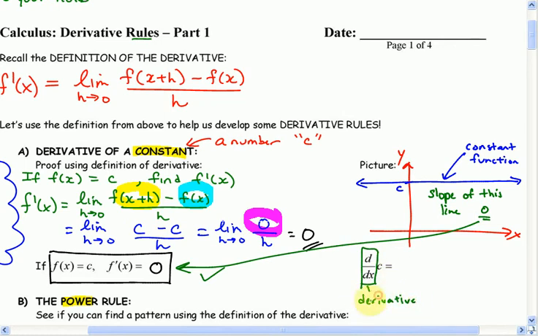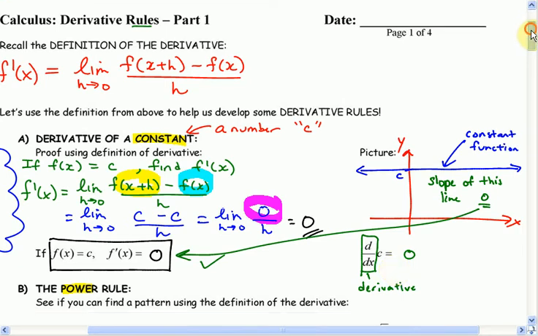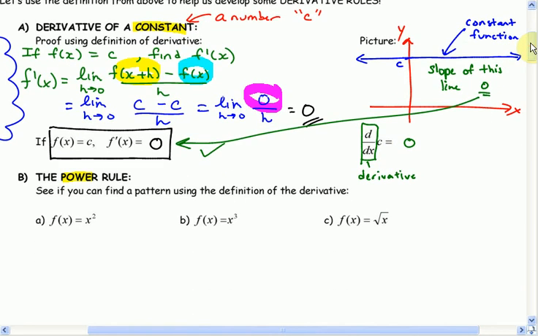So he's saying the derivative of c, the derivative of a constant, is, well, it's still going to be 0. So d dx just means derivative. You'll see that notation. And part of the issues with calculus that people have is that there are so many different ways to write this thing called the derivative that people get mixed up. But they all mean the same thing. So if you see this d dx or you see f prime x, it means derivative. Okay? All right. Let's move on to the power rule.